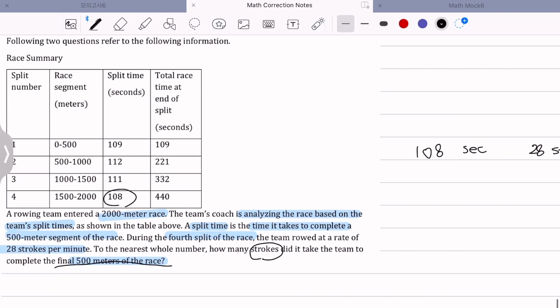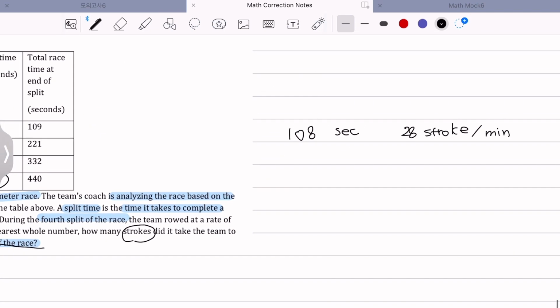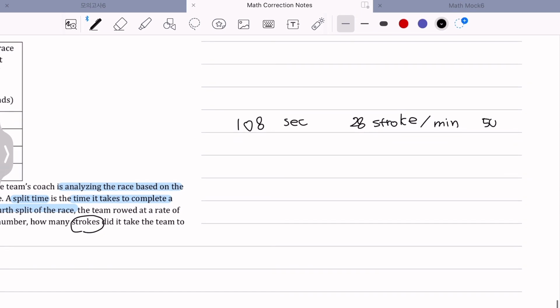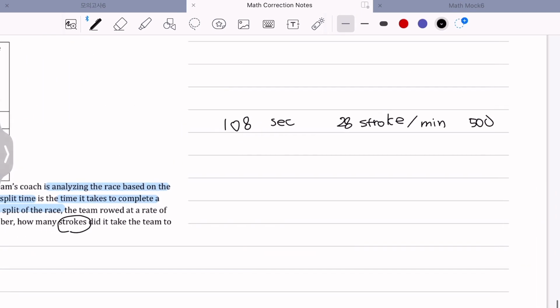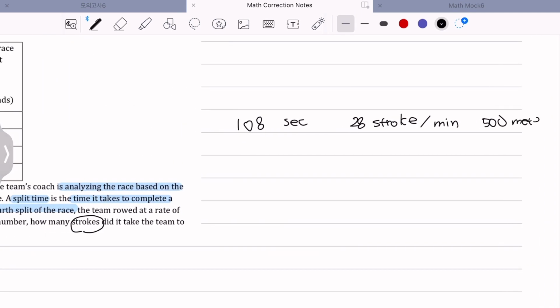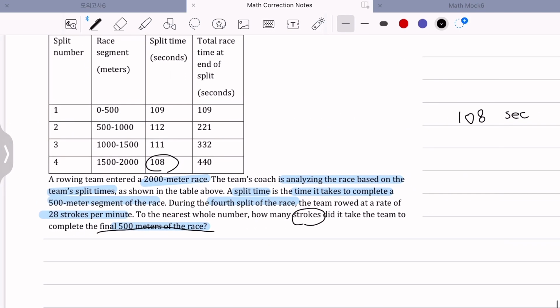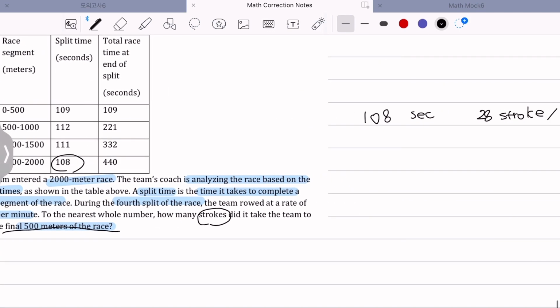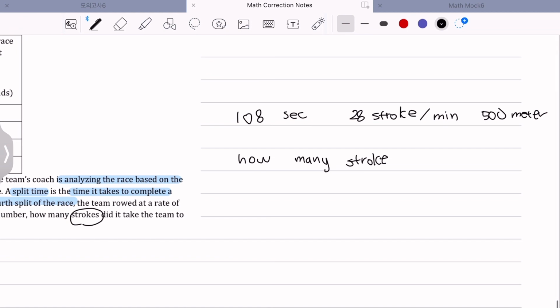And it's asking, it ran 500 meters, and how many strokes it took.